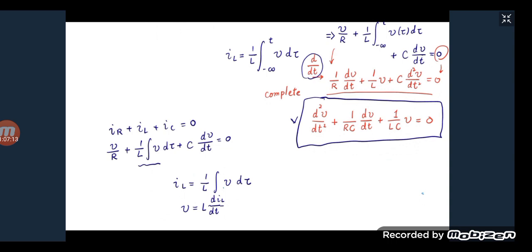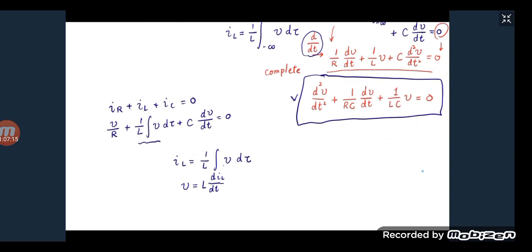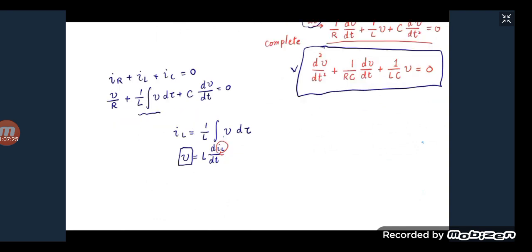Currently V is the common variable, but we change it to IL.